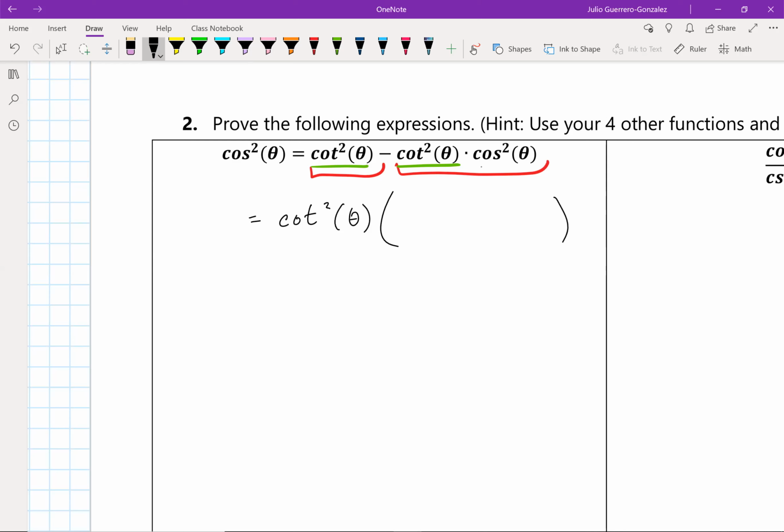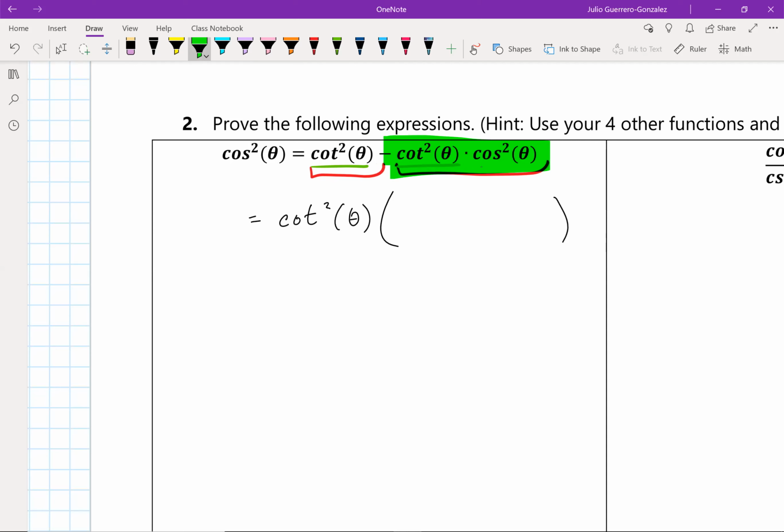So if you take cotangent squared from here, what gets left behind? Just the cosine squared? Nope. The negative cotangent squared times cosine squared? How about we start with that tail end? If we take cotangent squared theta from there, what gets left behind?